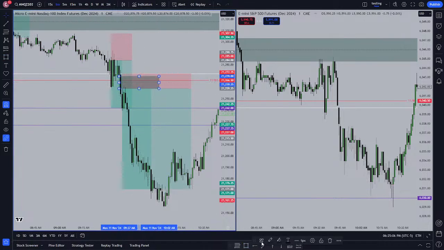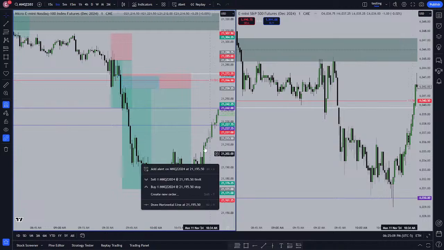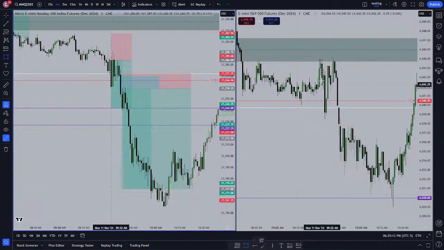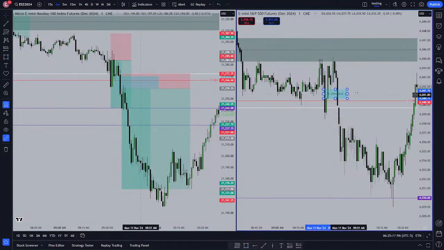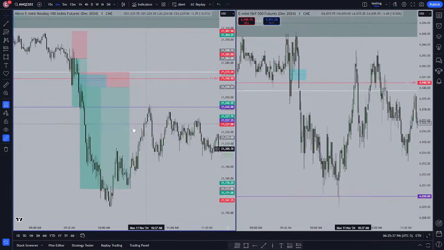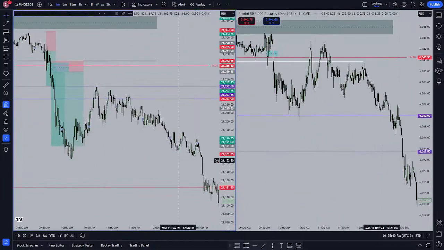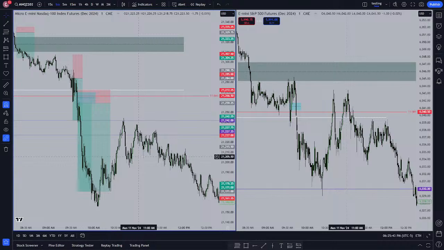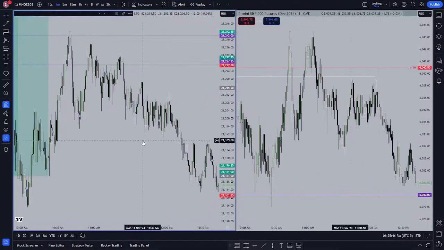And this is your 9:30 gap. You could short that again. So you have that. Once it reaches there, you could look for this. And on the hourly, 15-minute, you would look for an SMT.